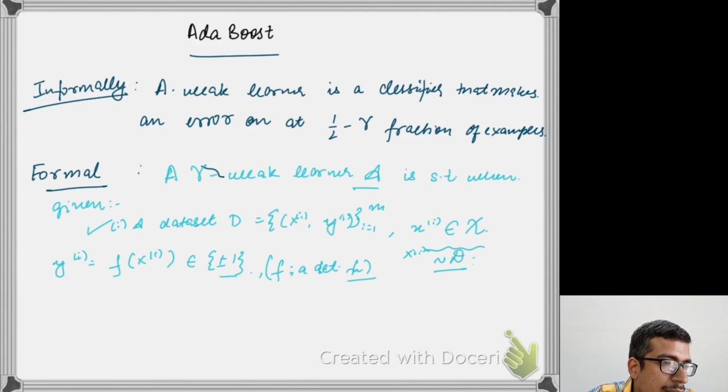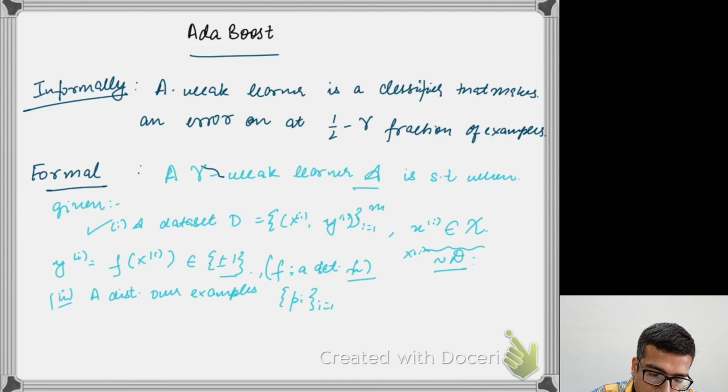The second thing which it takes as input is a distribution over examples. It's a discrete distribution because we have a finite number of examples. What are the entries in this distribution? These are pi, i from 1 to m, such that for all i, pi is greater than or equal to 0 and the sum over i of pi equals 1. So we have a weighted distribution over the examples.